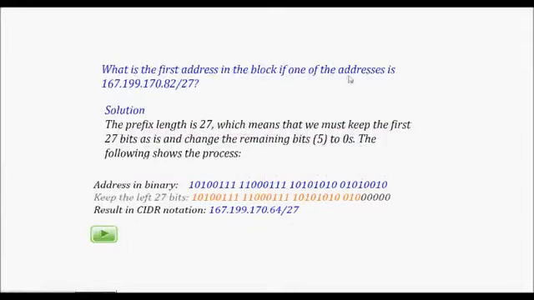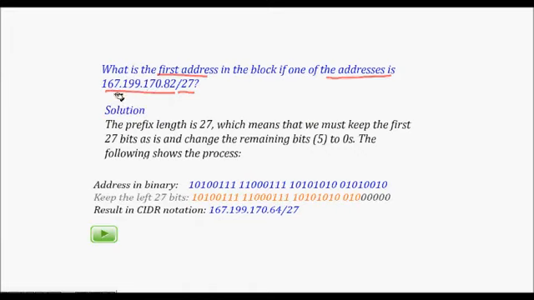So what is the first address in a block if one of the addresses is this? Let's see this interesting thing. You are given one of the addresses in the block, and this is your network mask. So you have the first 27 bits as 1 and the rest of the 5 bits as 0.